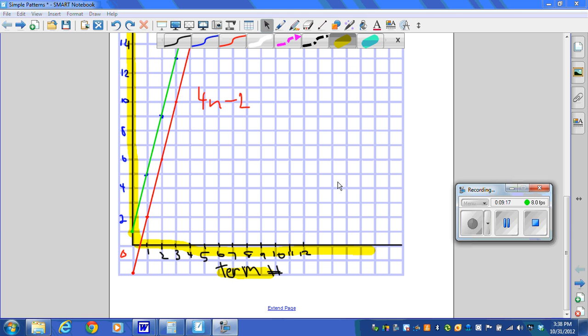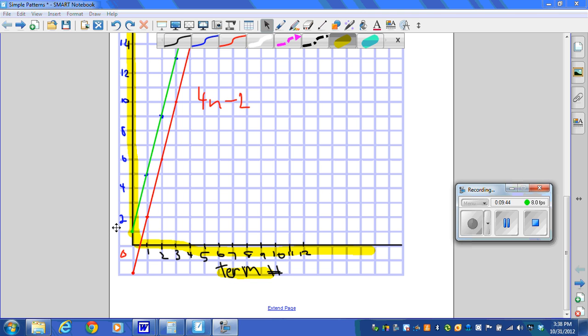Once you construct the graph and fill out your table of values, you simply plot the points on the graph, term number along the bottom, and then you connect the points with a straight line, making sure that your lines connect at least to one of the axes.